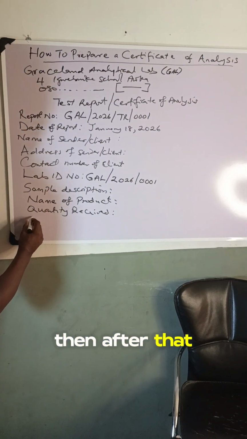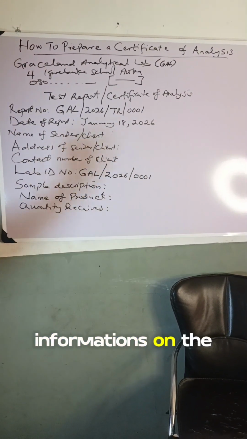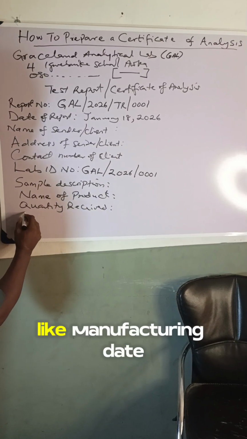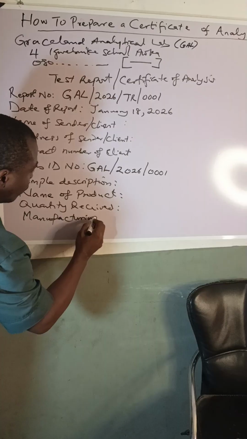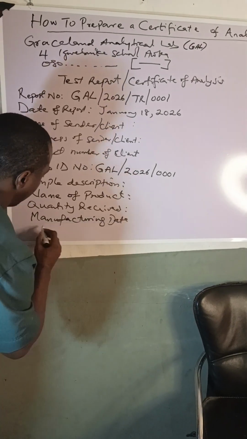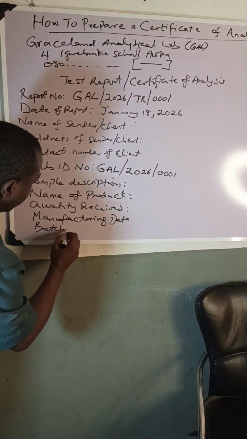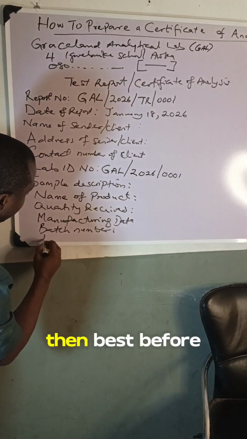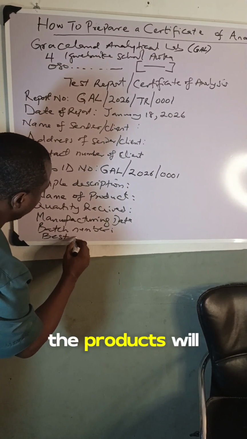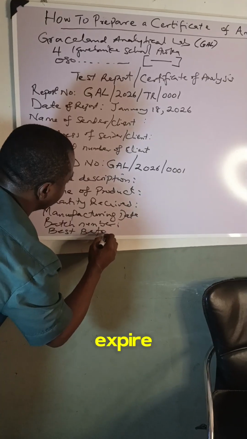Then after that, there is a lot of basic information on the product, like manufacturing date, batch number, then best before, that is when the product will expire.